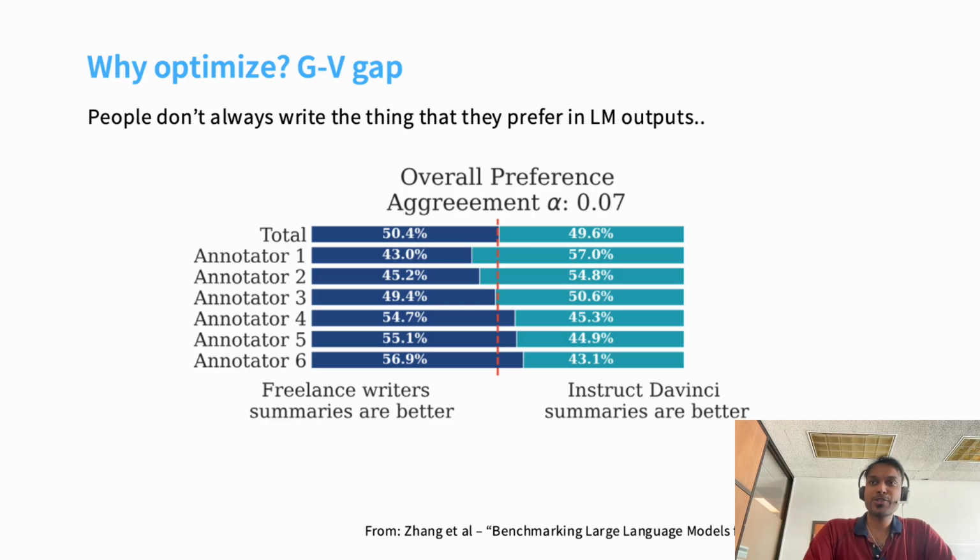And more interestingly, in this specific study, they found that some of these annotators, when they wrote complex long summaries and then compared those summaries to something written by ChatGPT, themselves preferred the output of ChatGPT as compared to their own summaries.